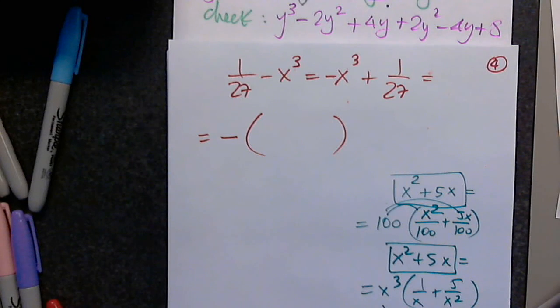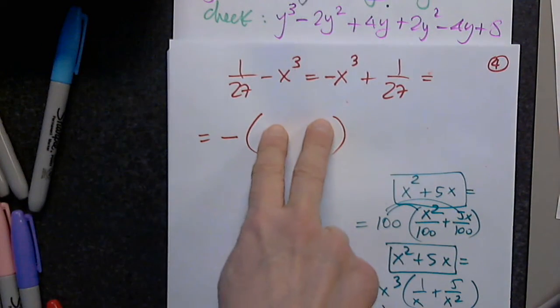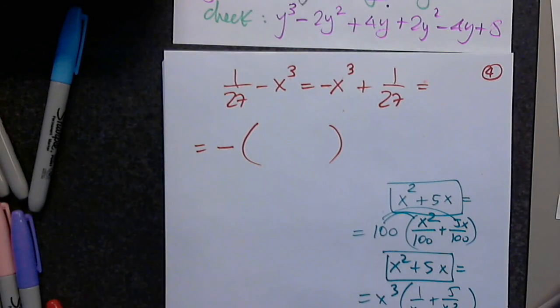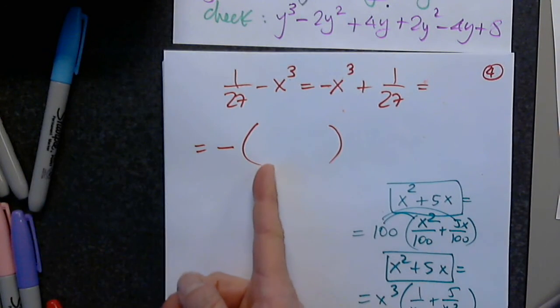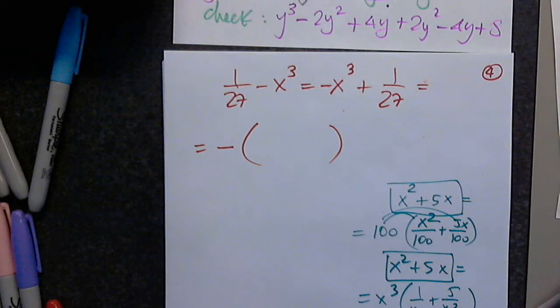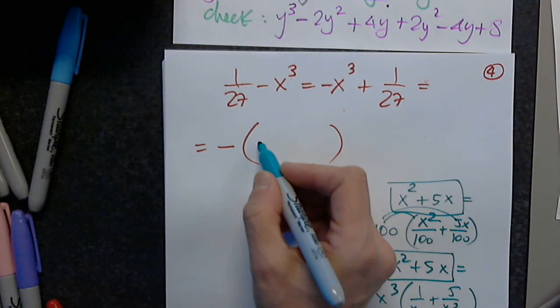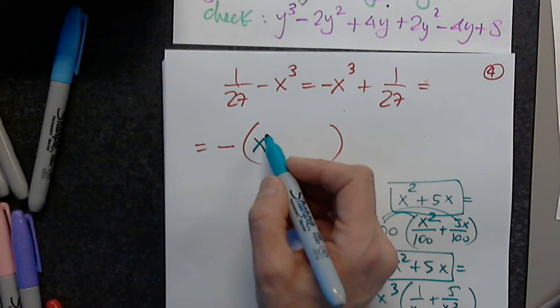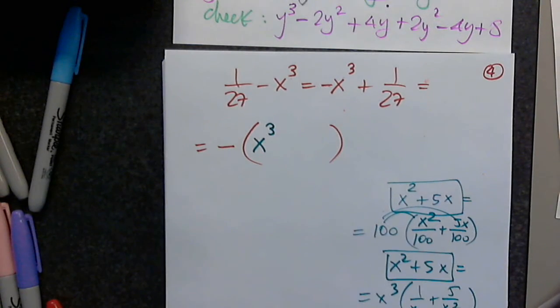So let's factor out -1. As long as what you write in here gives us this back, we're fine. -1 times blah is negative x cubed. What is blah? X to the second? No, 3. Good. Does it make sense?